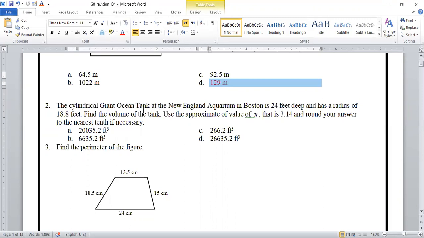The shape of the tank is a cylinder, so the volume of a cylinder equals the area of the base times height.